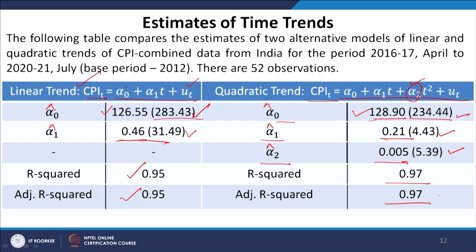So, the quadratic term, though statistically significant, is actually not much perceptible. The contribution of the quadratic term to the dependent variable is very small. R squared value as well as adjusted R square value has also increased. Inclusion of the quadratic term, since it is significant, explains 97% of the variations in the dependent variable, that is CPI combined.